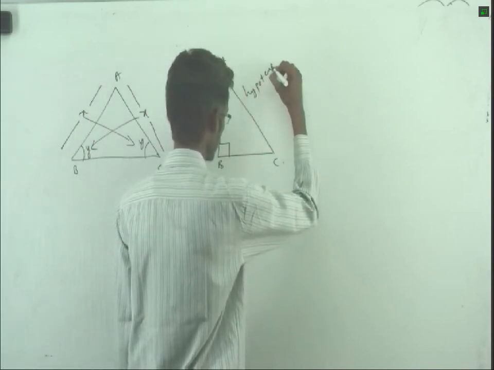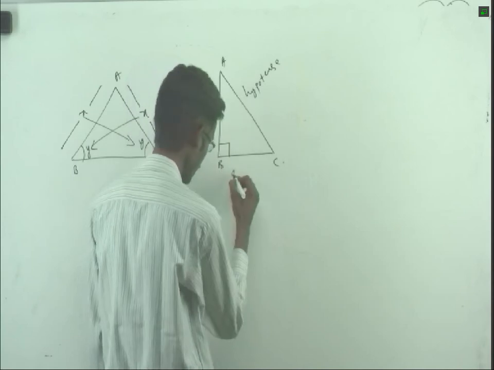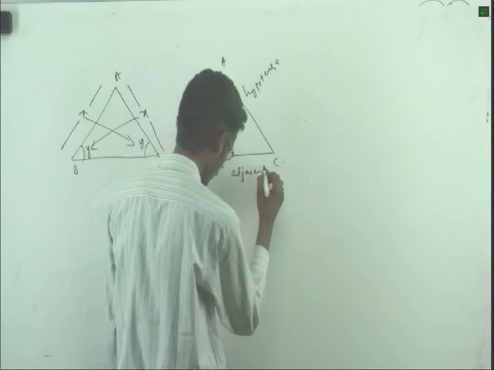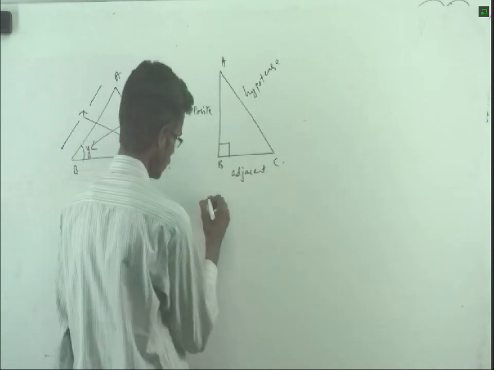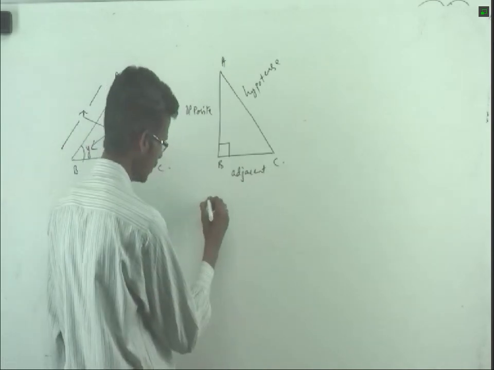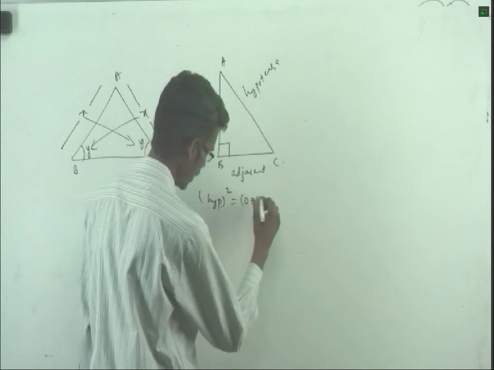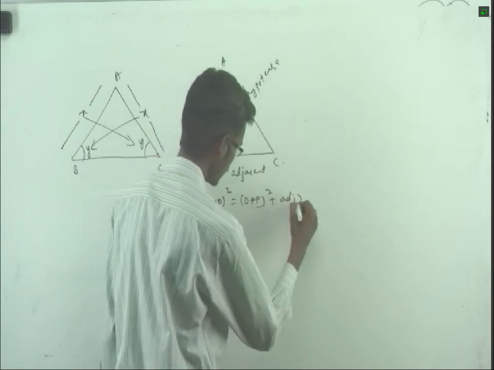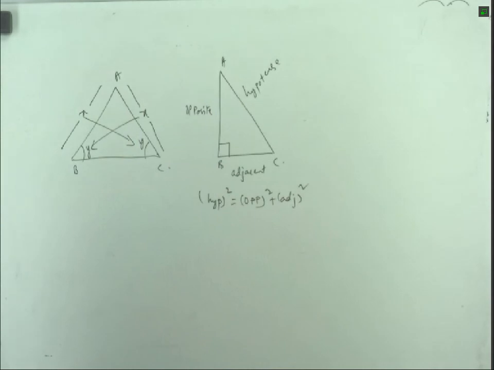This is hypotenuse, and this is opposite side, and this is adjacent side. Now, based on the Pythagoras theorem, hypotenuse square is equal to opposite square plus adjacent square. Students are very familiar with this formula, but they don't try to look into the logic of the concept.